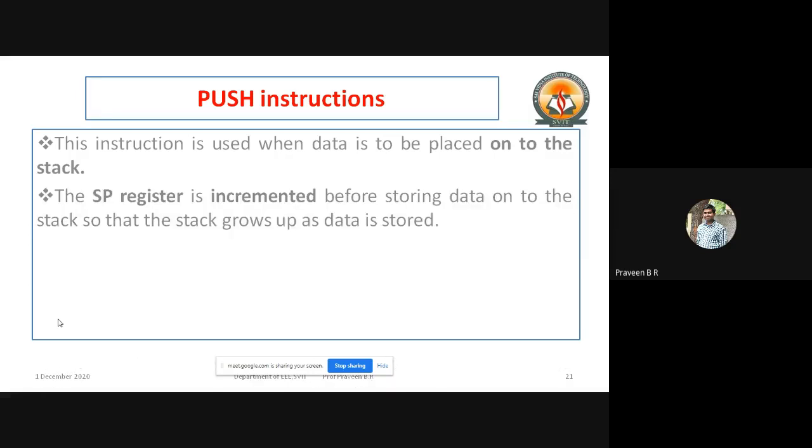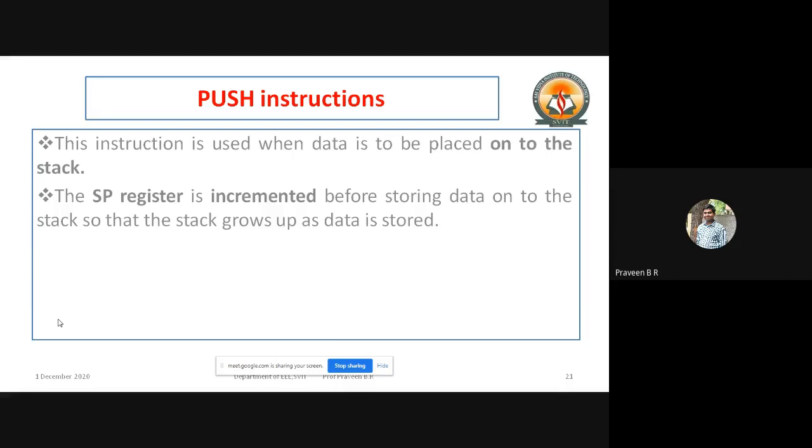So the stack is defined as a register. I call the stack a memory location which stores information in a format called last in, first out, meaning the data which you feed last will pop out of the stack first.